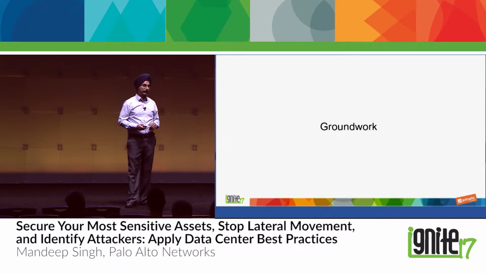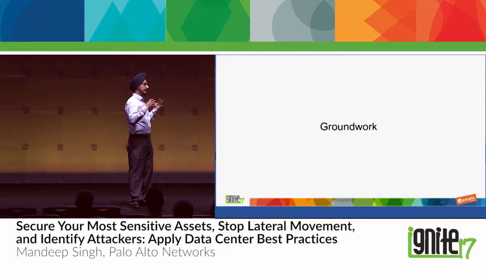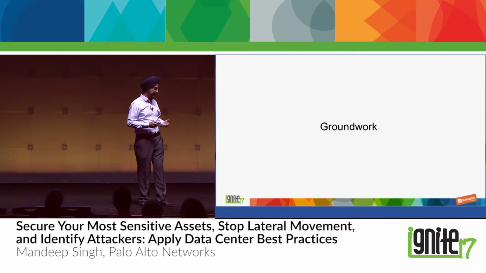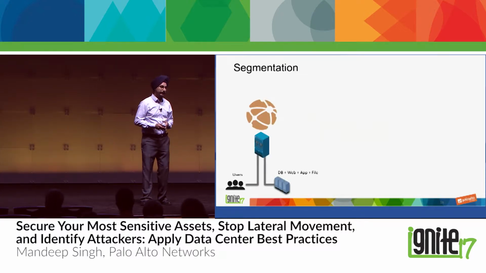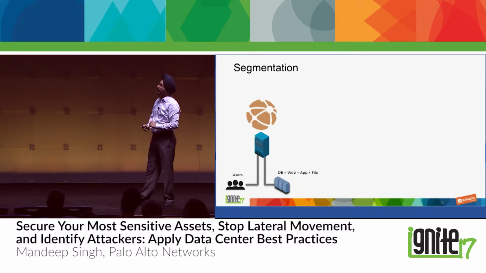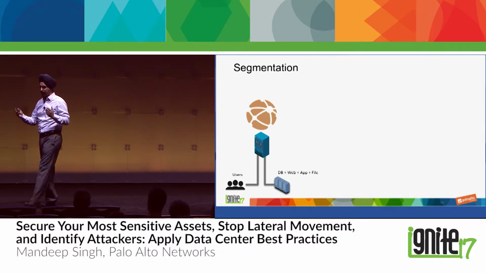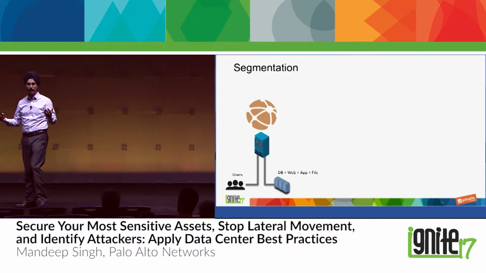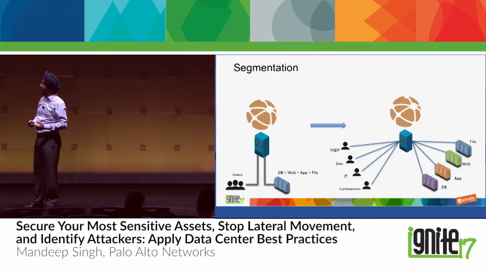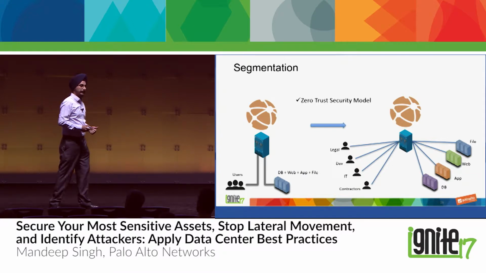So let's talk about some groundwork that has to be there before we get to implementing best practices in terms of security policy, right? The first is something we call segmentation. So you would want to move from this place where all the users and all the data assets are in two separate kind of zones, or you can call it subnets, you can call it VLANs, to something like this, which means that we implement the zero trust security model.